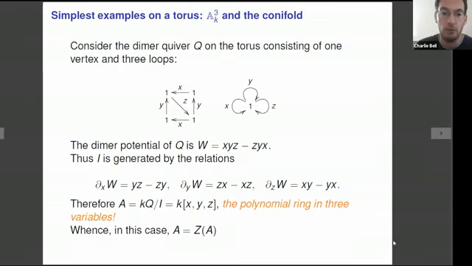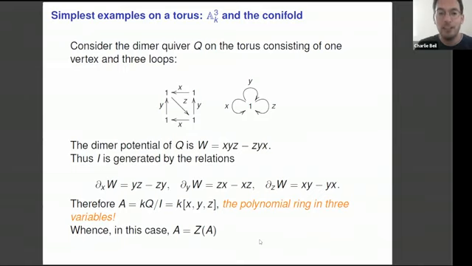The first one says YZ equals ZY, ZX equals XZ, and XY equals YX. So in this case, the algebra is its own center and it's the polynomial ring in 3 variables.